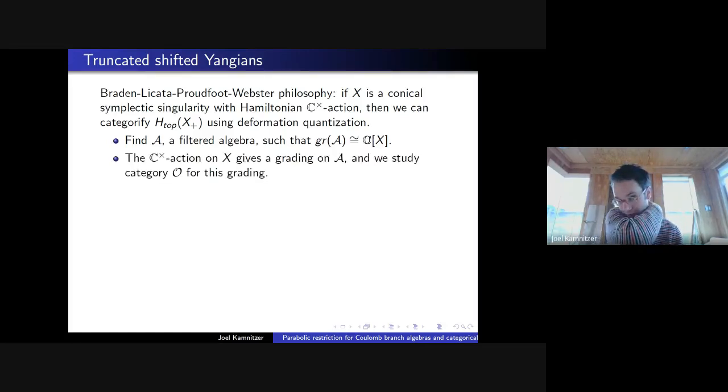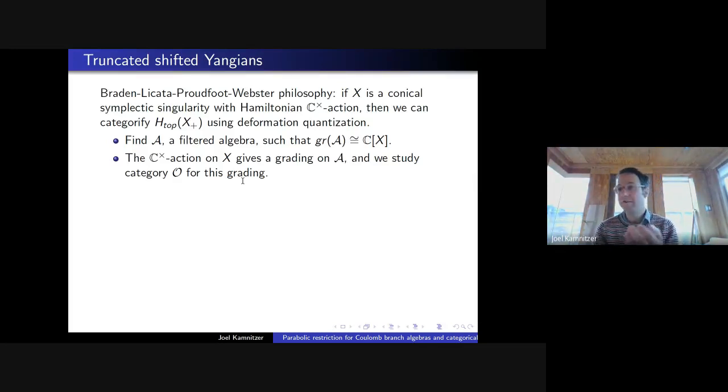The second point in this philosophy is that X has a C star action, this Hamiltonian C star action, and this gives rise to a grading on our algebra A. In particular, there's now a positively graded part and a negatively graded part. And then we can study a category O for this algebra A with respect to this grading. That means we look at modules for algebra A such that the positive part acts locally nilpotently on the module.